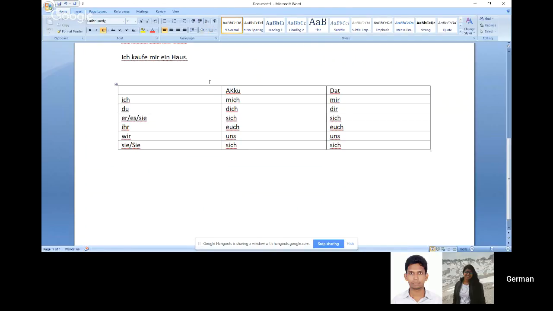Okay, so myself, yourself, himself, itself, herself, yourselves, ourselves, and themselves, or yourself for capital Sie, that is formal Sie. These are reflexive pronomen for accusative and dative.